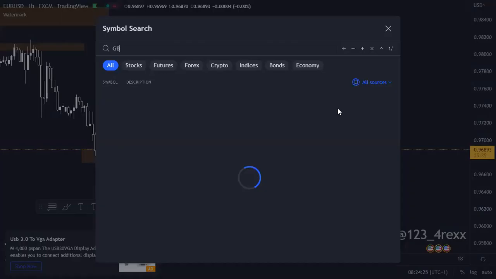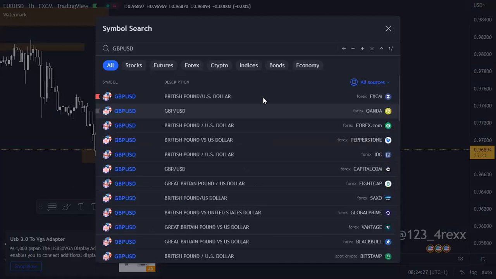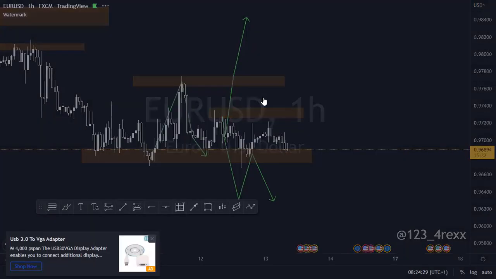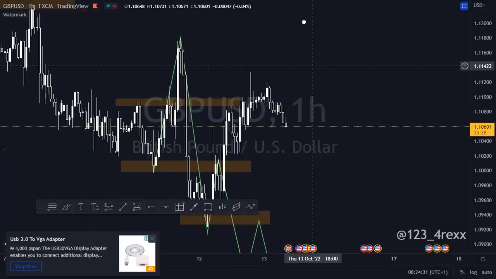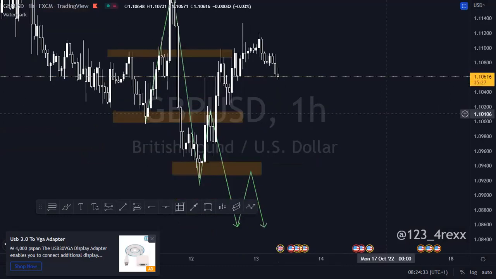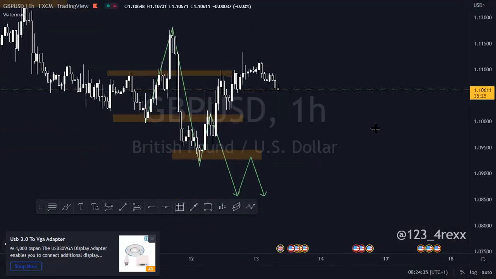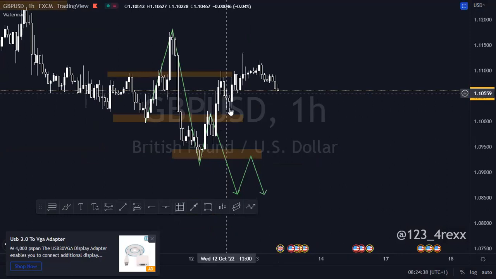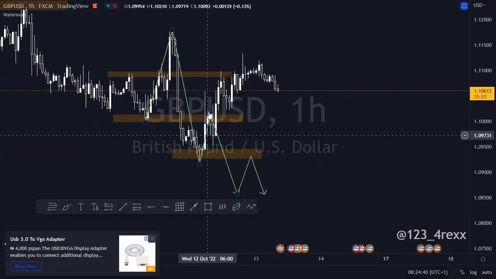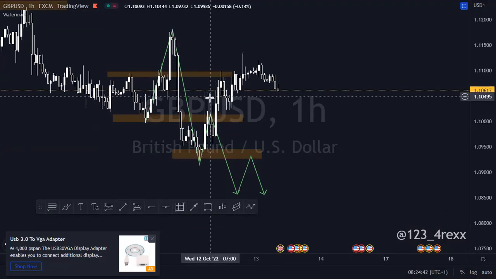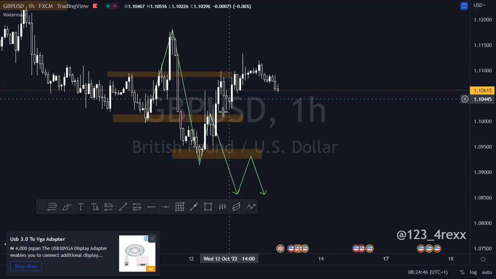GBP USD, let's see. Has there been anything really on GBP USD? Okay, so basically GBP USD came up. We did not get that proper retest, price rejected, but then we broke above. I think we came back down, tapped into these levels, went back up again.